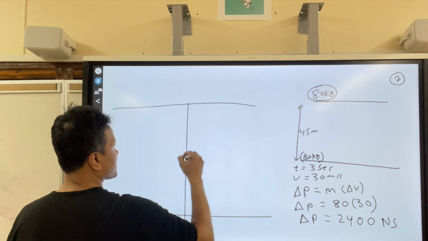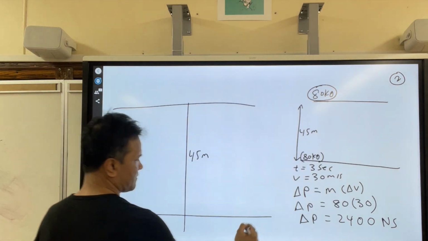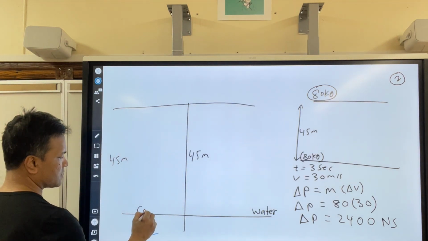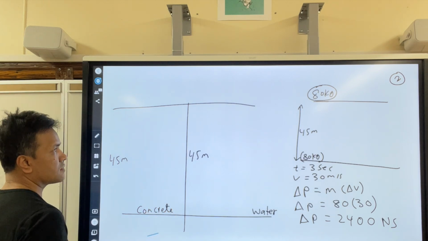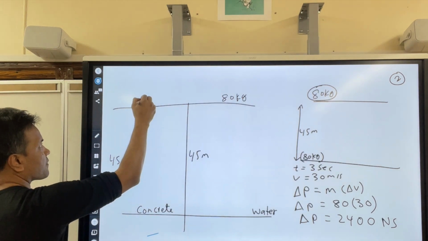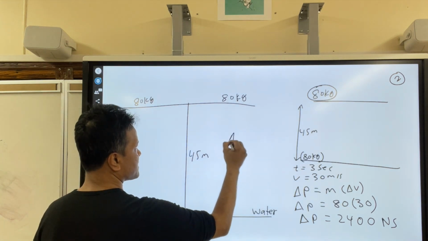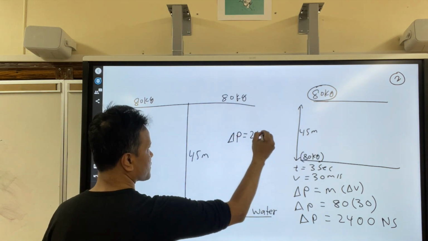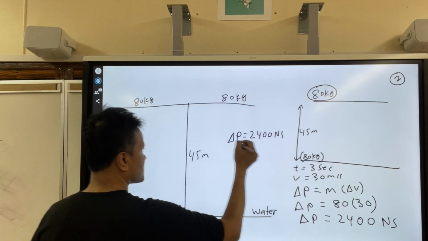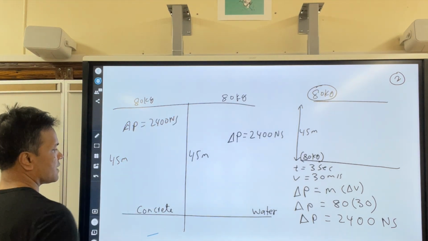Good. Now we're going to have him fall from 45 meters above the ground. He's going to jump on the water, and he's going to jump on concrete. In this case, what is the impulse? 2400 Newton second.